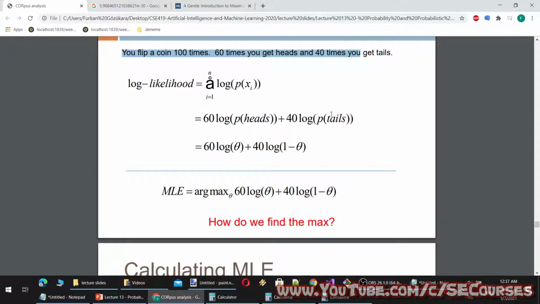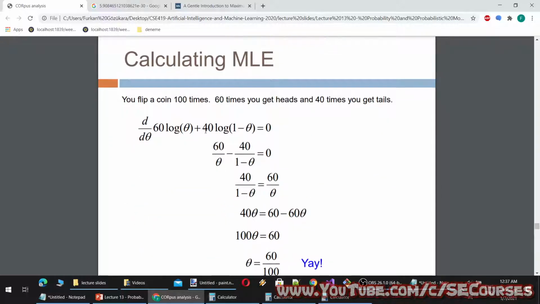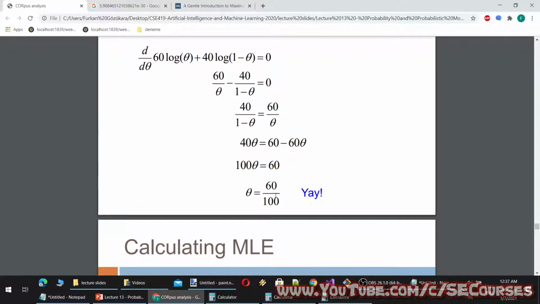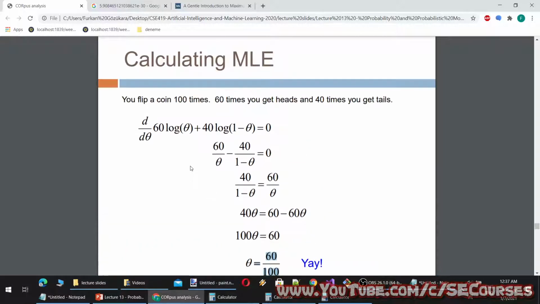It is calculated like this: 60 multiplied by log p(heads), the probability of heads, plus 40 multiplied by log p(tails). The MLE is the maximum of this. So when we calculate it, we get this point.